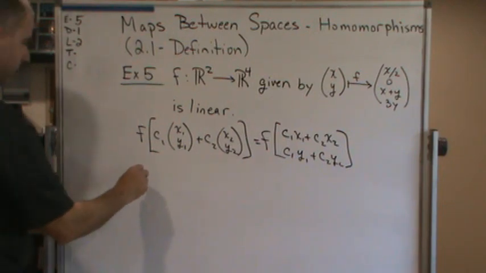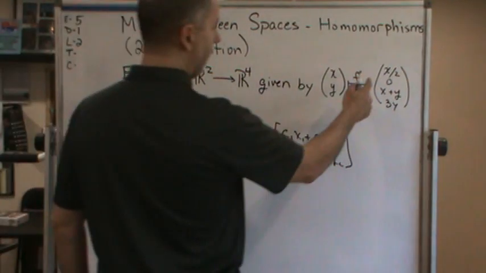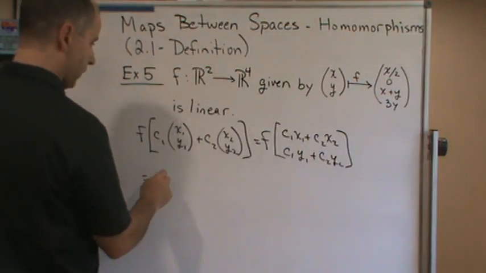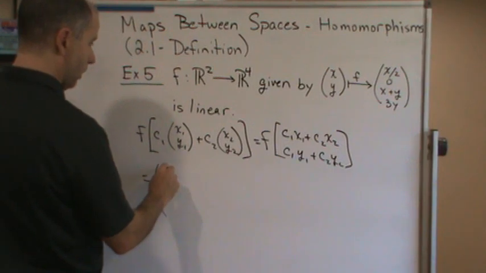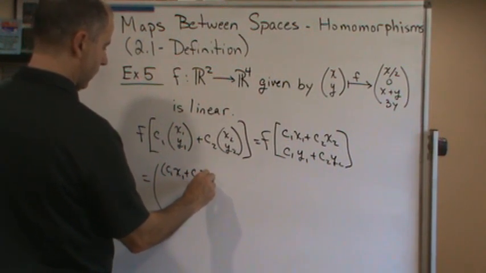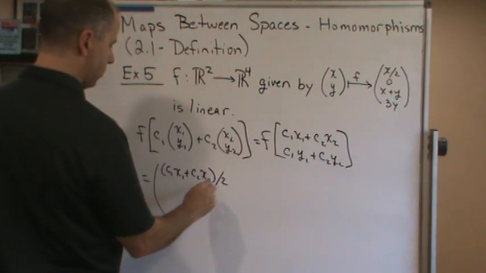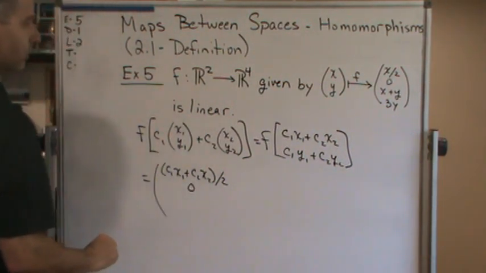And so what happens with this? It's going to take x over 2, so that's going to be c1 x1 plus c2 x2 divided by 2. This is going to be 0.